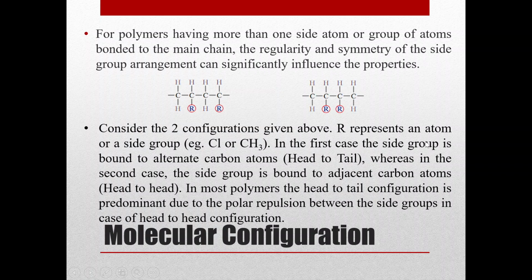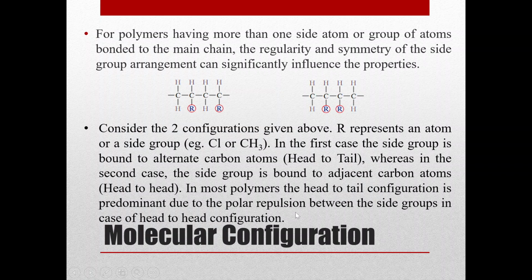So in the first case, the side group is bound to the alternate carbon atoms, which is called a head to tail configuration. Whereas in the second case, the side group is bound to the adjacent carbon atoms, which is called a head to head configuration. So in most polymers, it is head to tail, that is the first type of configuration that is seen, due to the polar repulsion.